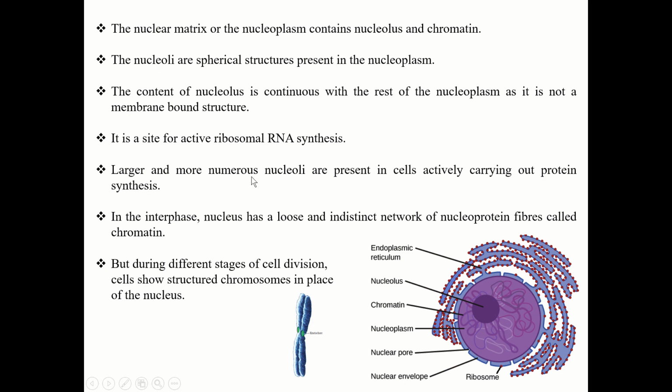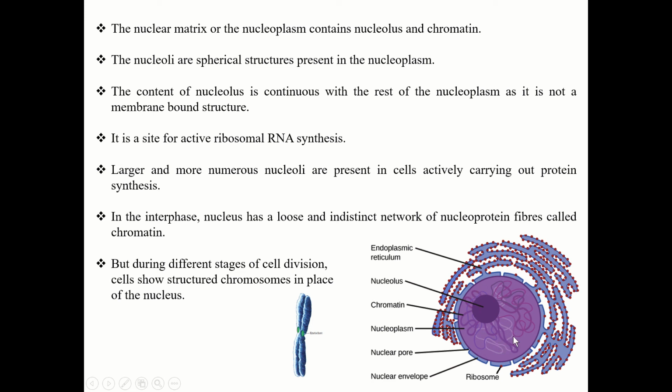So larger and more numerous nucleoli are present in cells actively carrying out protein synthesis. So many nucleoli are present in the nucleus. In the interphase, the nucleus has a loose and indistinct network of nucleoprotein fibers called the chromatin.